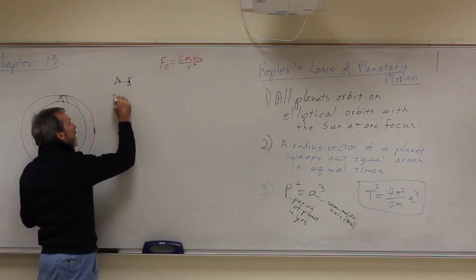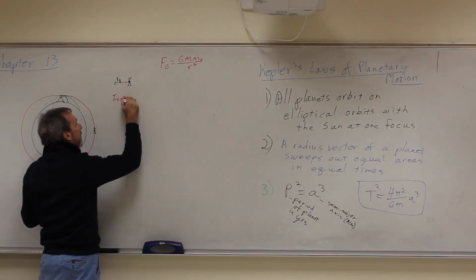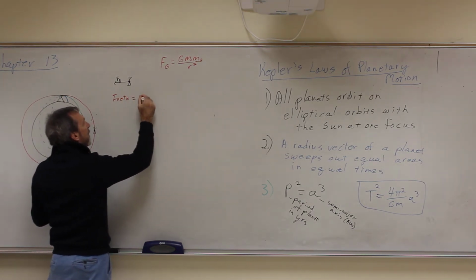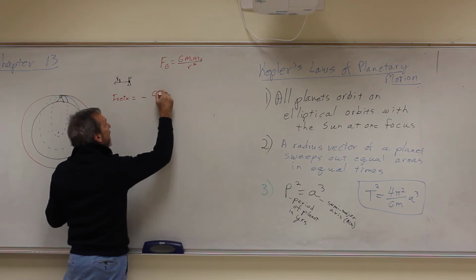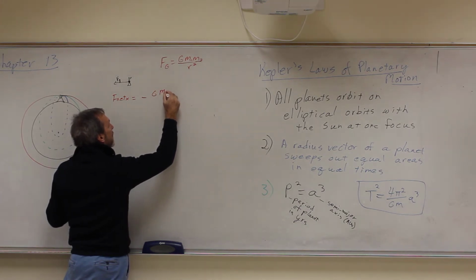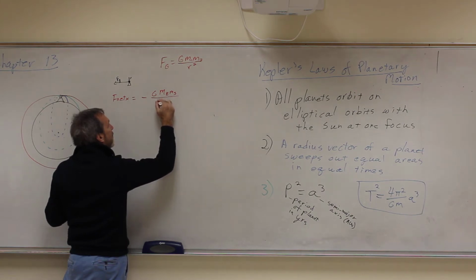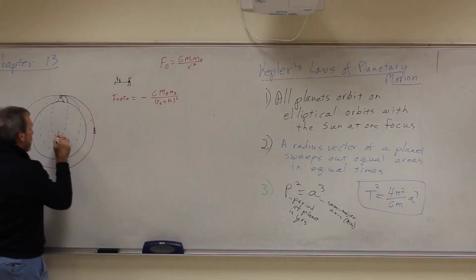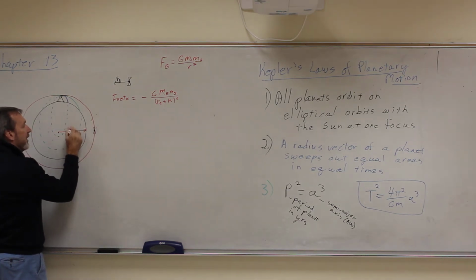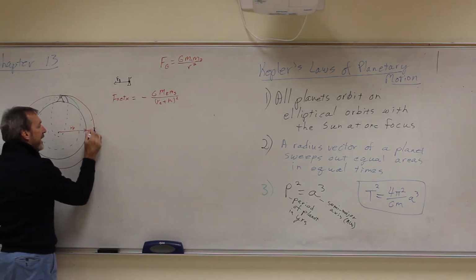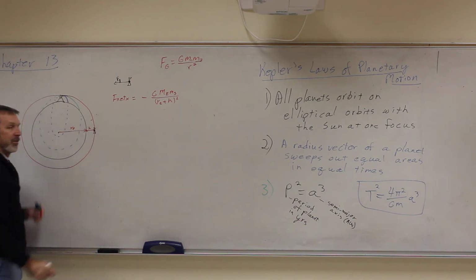So we're going to put that in for the force of gravity. So we're just going to do F net y, or x in this case. And it's going to the left, so I'm going to put minus G m1. We're actually going to do mass of the Earth, mass of the satellite, over the radius of the Earth plus the height, squared. So this is the radius of the Earth here. This is the height it is above the surface of the Earth.